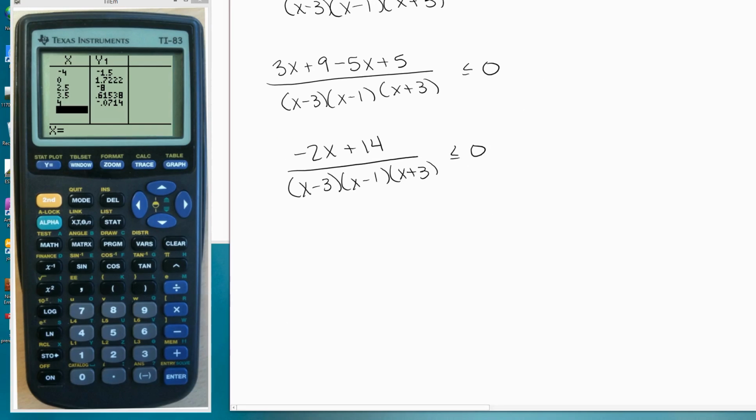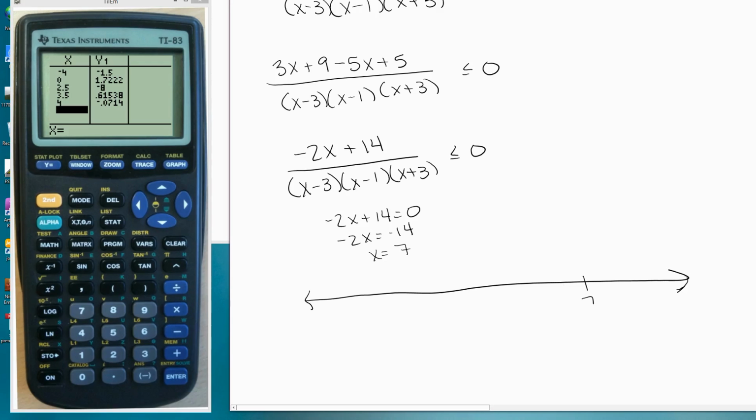Okay, so remember now we're going to make our sign diagram. We got to put what makes the top 0 and what makes the bottom 0. So if we look at the top, if we set negative 2x plus 14 equal to 0, we're going to get negative 2x equals negative 14. Divide both sides by negative 2. We get x equals 7, so we're going to put 7 on here.